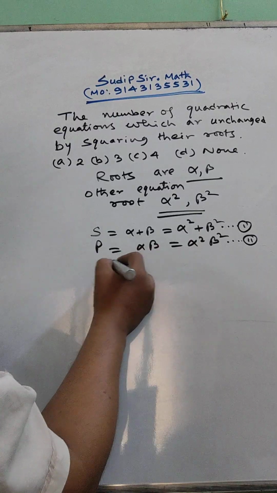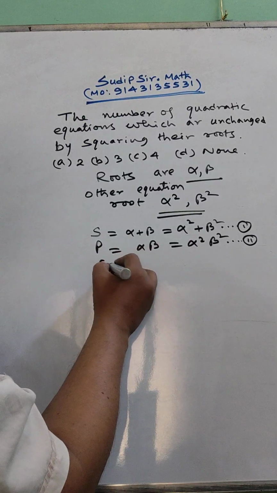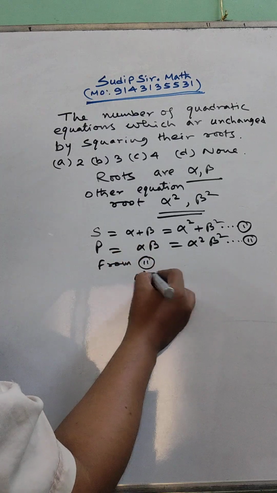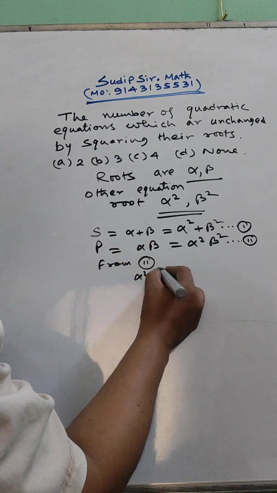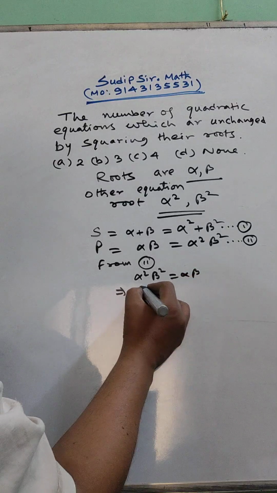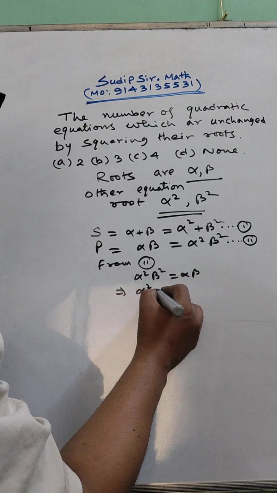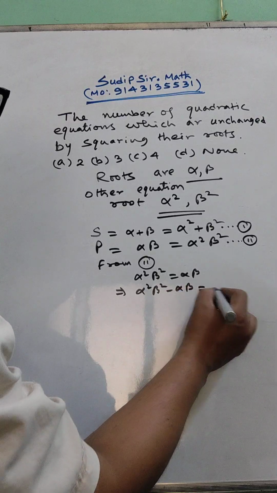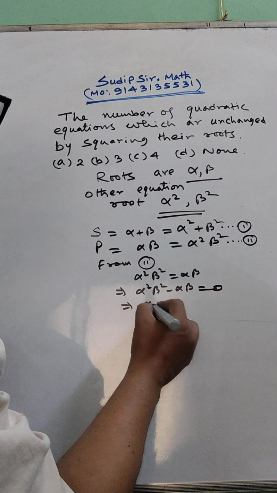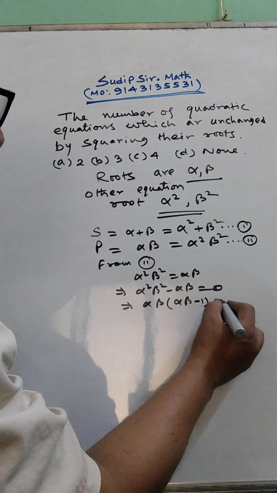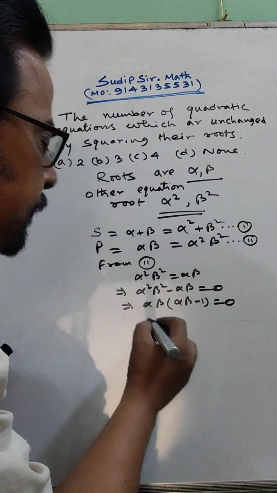Suppose from 2, it is clear alpha square plus beta square equal to alpha beta. That can be written alpha square beta square minus alpha beta equal to 0. That is alpha beta common, alpha beta minus 1 equal to 0. Okay.